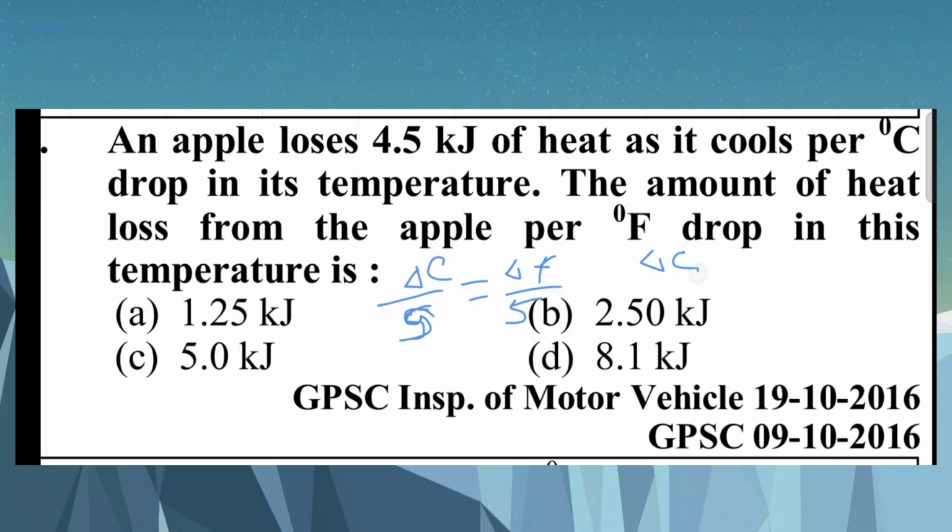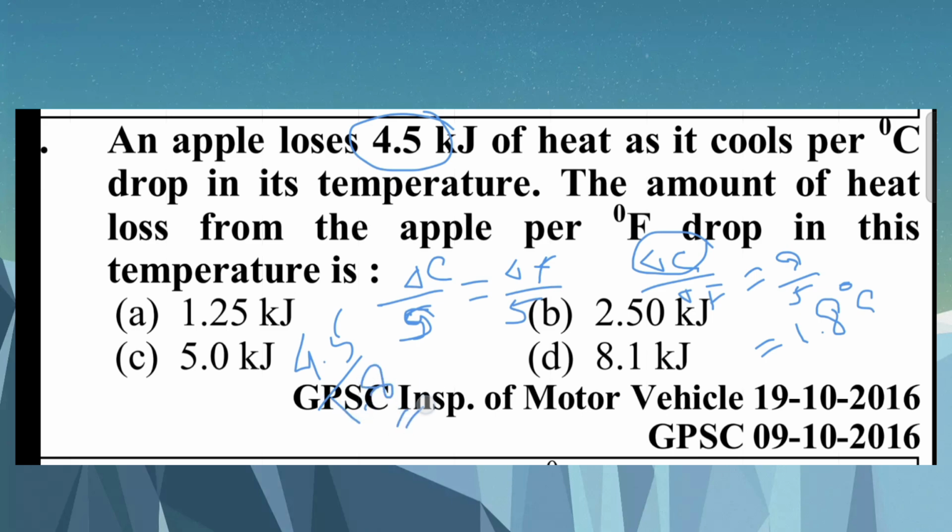So delta C by delta F equal to 5 by 9, so 1.8 degree centigrade for 1 degree Fahrenheit. 1.8 डिग्री के लिए हो रहा है 4.5, तो 1 के लिए होगा 4.5 डिवाइडेड बाई 1.8 करोगे तो आएगा 2.5. So 2.5, option B is the right.